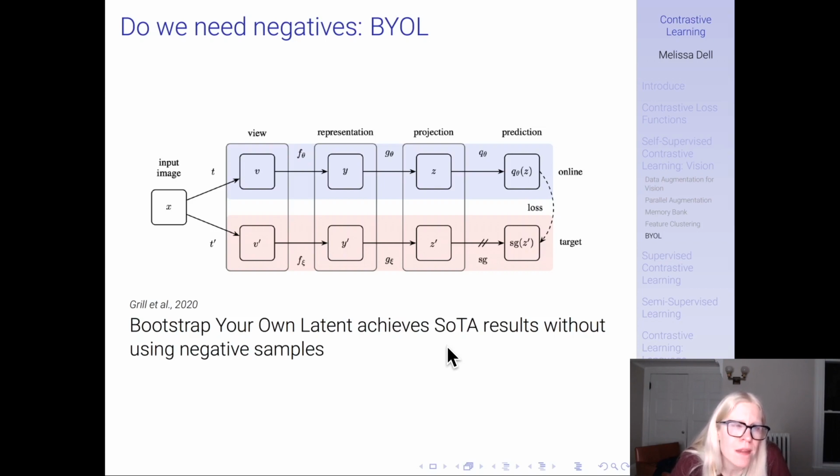Then they make a prediction, q theta of z, and they compare the representation from the online network to the target network. But importantly, there's this stop gradient on the target network. And so they're not going to update the target network through backprop. Instead, they're going to update the target network as a slow moving average of the online network. So this is a momentum encoder, like we saw with MoCo and like we saw with DINO.